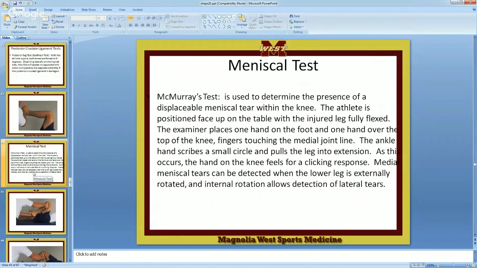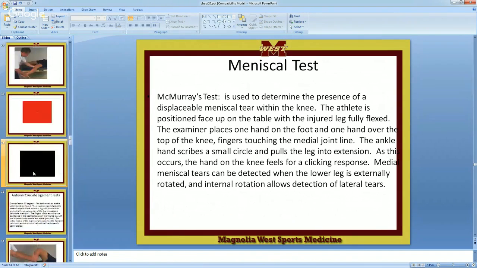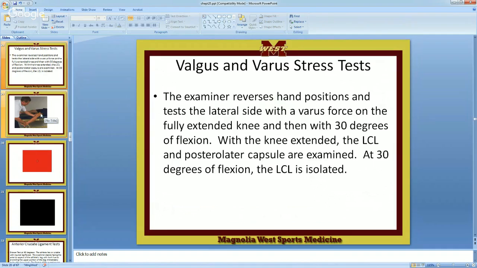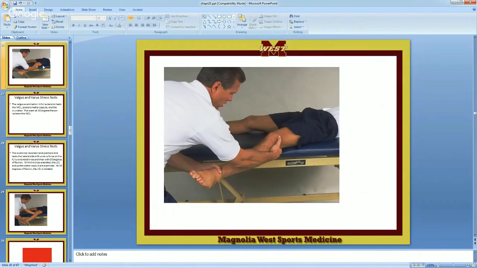While we're speaking of that, you'll see a picture as you see on 29. What is the name of that test? Okay? Is it the valgus or varus? If the hand's on the lateral at the knee, it's valgus. So this one would be varus. There's valgus, which is 26.